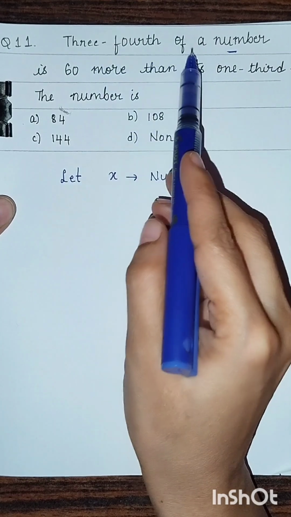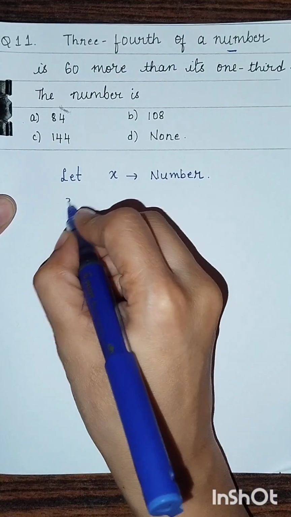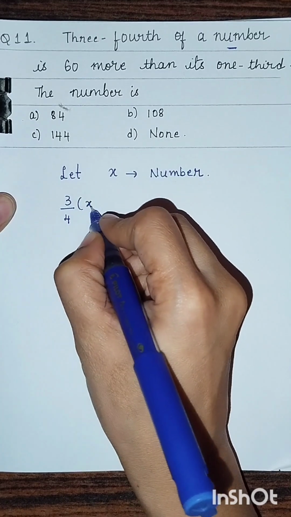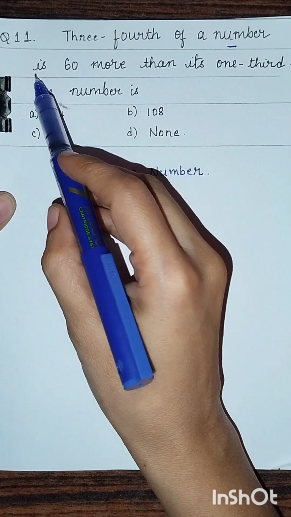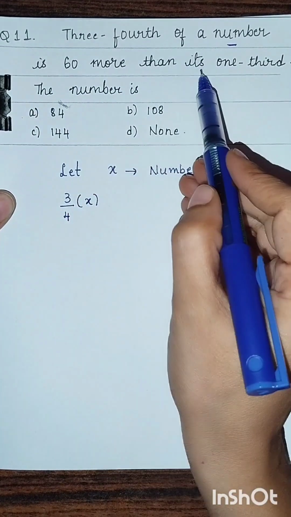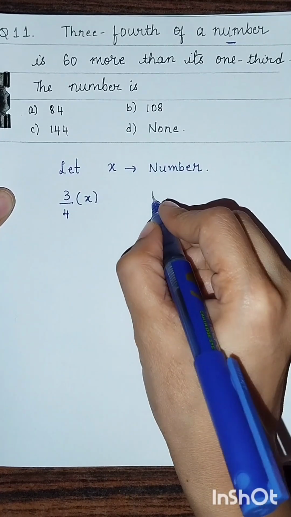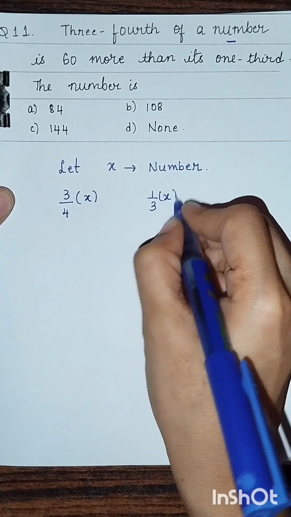So 3/4 of a number, we will express it as 3/4 of x is 60 more than its 1/3. Its 1/3 means 1/3 of x.